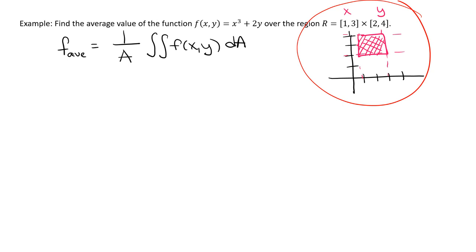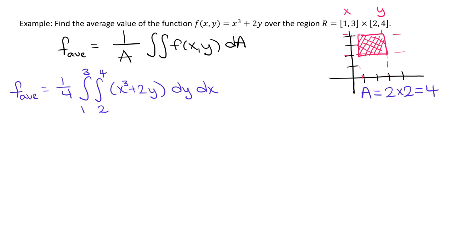And so our average value formula, if we want to find the average value of this function, is 1 divided by the area of that rectangle times the integral of the function over that area. First of all, what is the area of the region? It's a rectangle with a length and a width of 2, so the area would be 4.